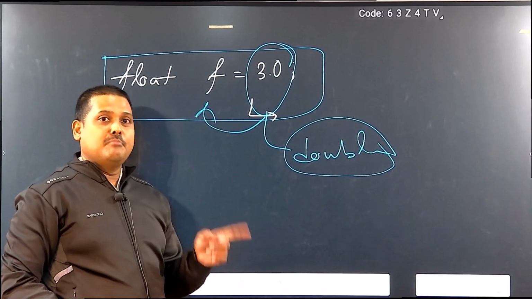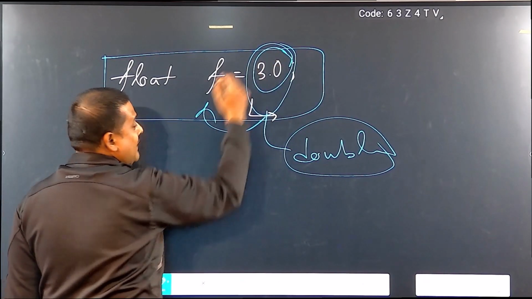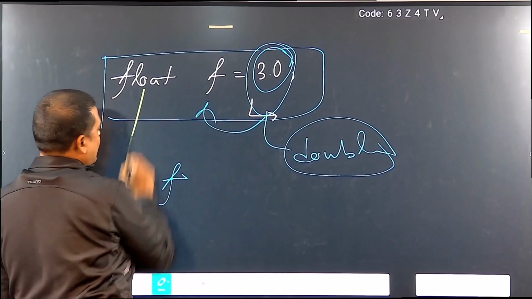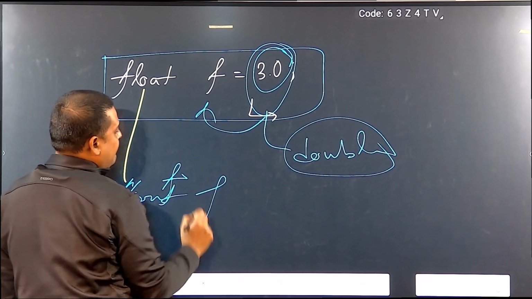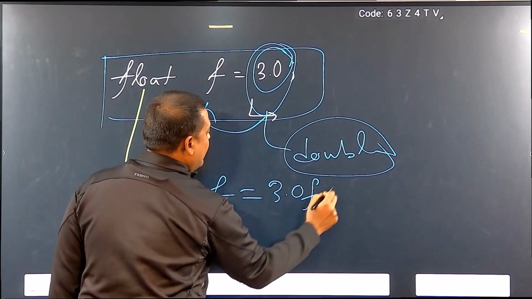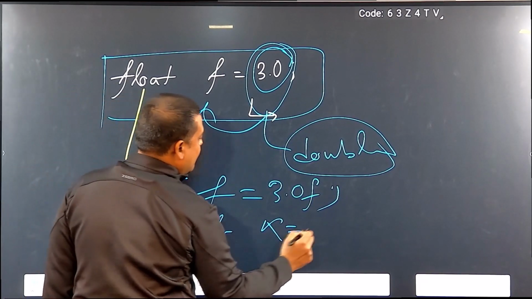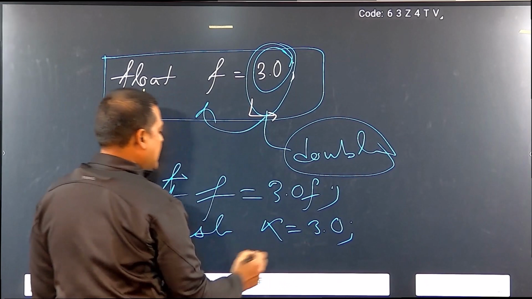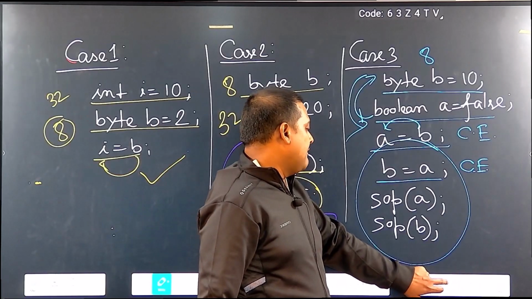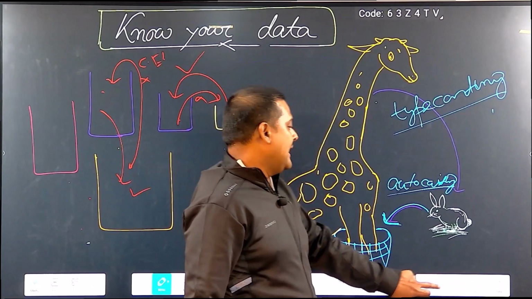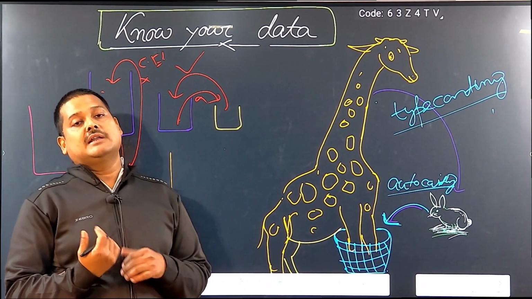There are two ways to solve it: typecast it, or write float f = 3.0f, or use double k = 3.0, which will be correct. This way we can use our variables and remember how to convert and typecast values.